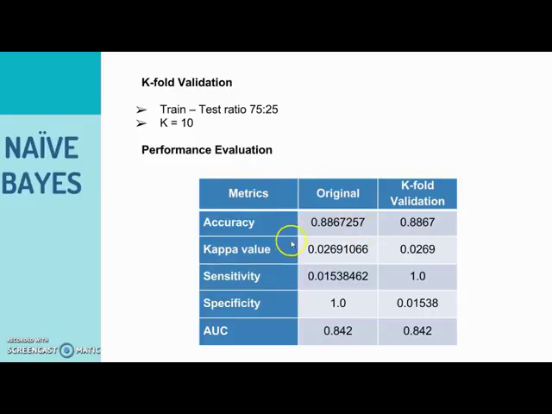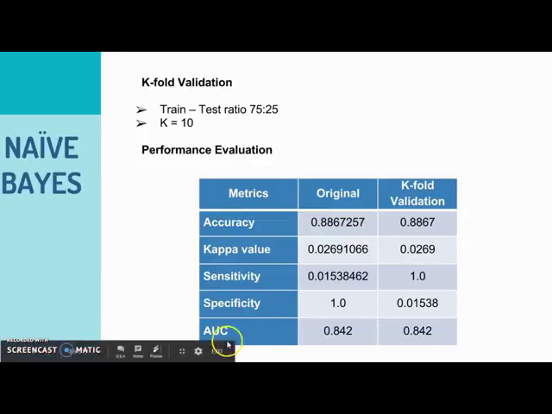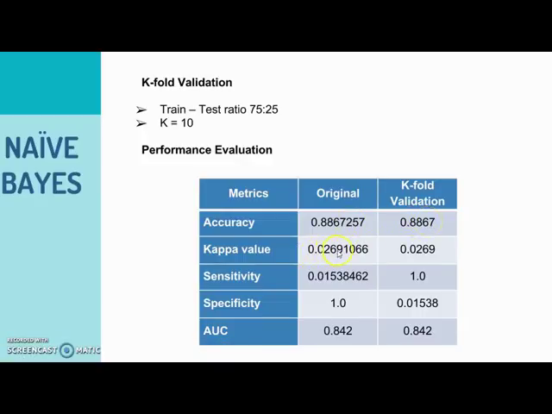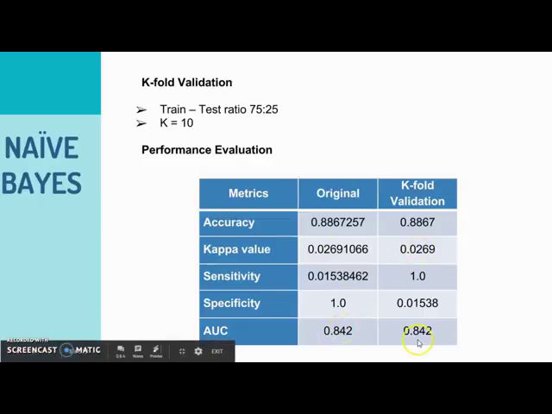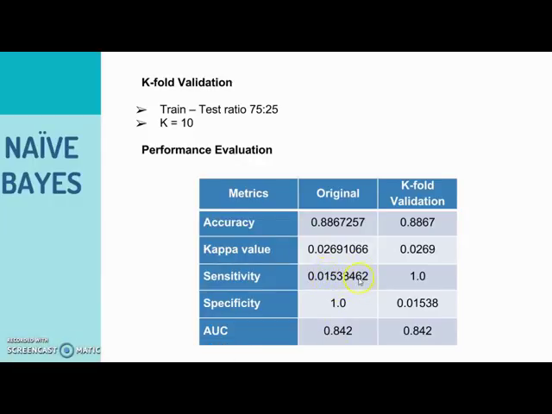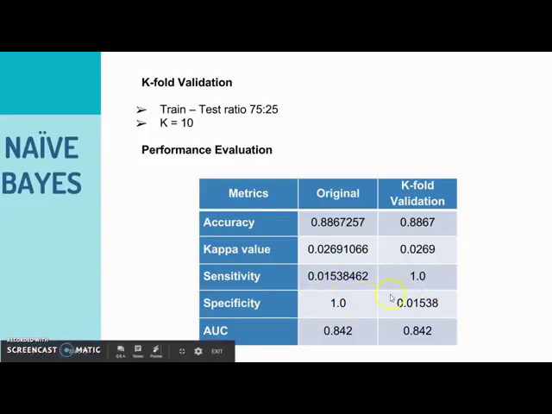Accuracy, kappa value, and AUC have the same values: 0.886 and 0.886, 0.0269 and 0.0269, 0.842 and 0.842. However, for sensitivity, from 0.015, it increases to 1.0. Specificity drops from 1.0 to 0.015.